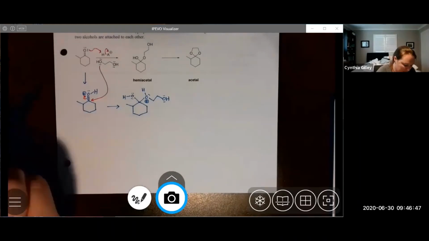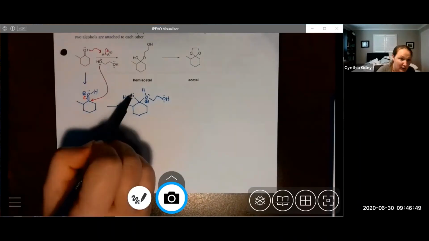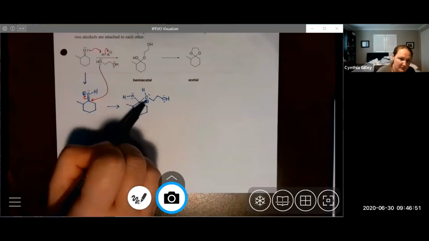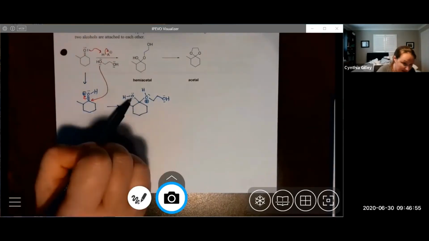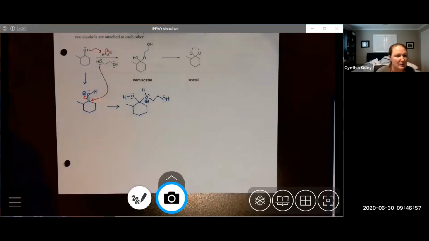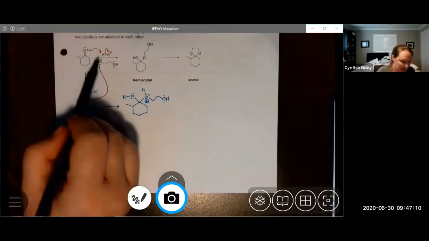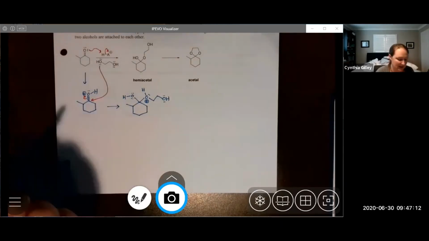The problem with protonating it right now is that I already have a positive charge. Right? So I don't want to get another positive charge on this oxygen. That would be an intermediate that's too high in energy, too unstable. So we avoid intermediates where there's two of the same formal charge. And under acidic conditions, we would also avoid negatively charged ones.